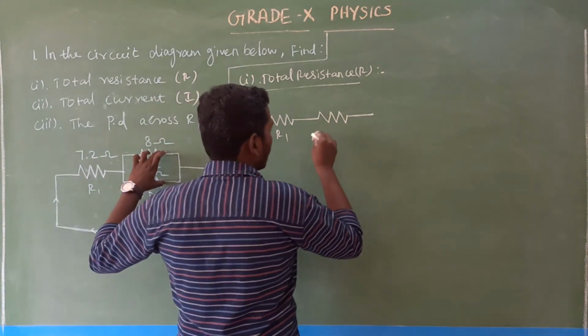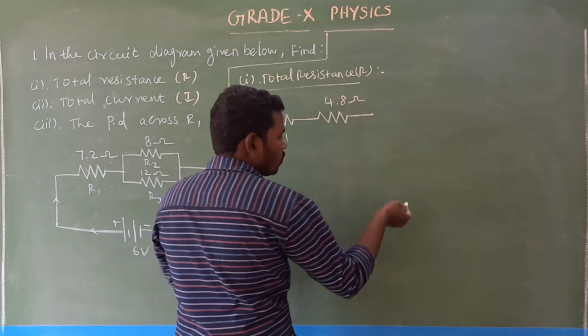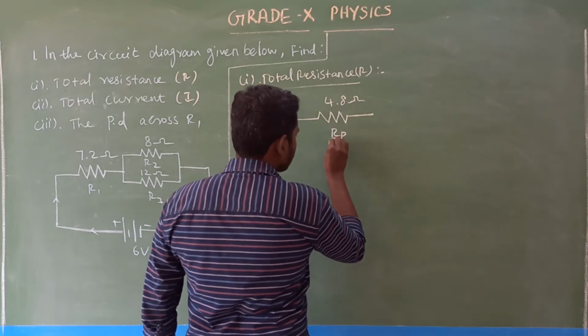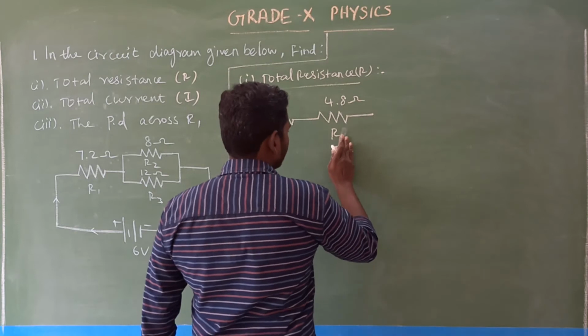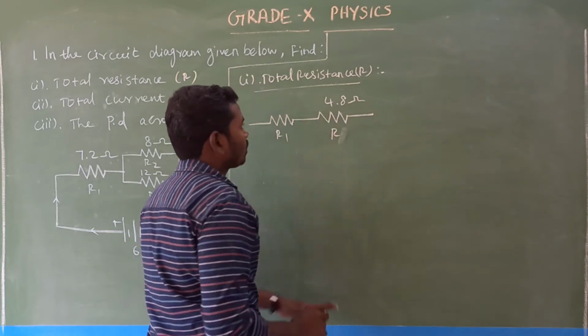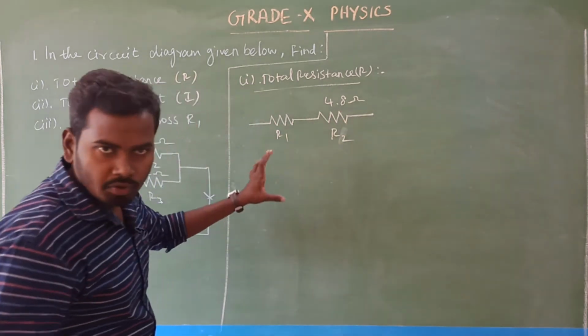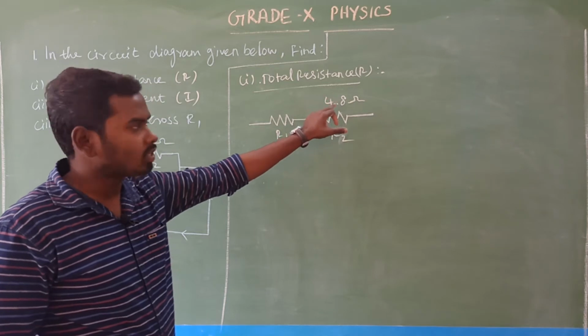That single resistor value is 4.8 ohm, which we just calculated. Let us call it R2. For the modified diagram, the R2 value is 4.8 ohm.